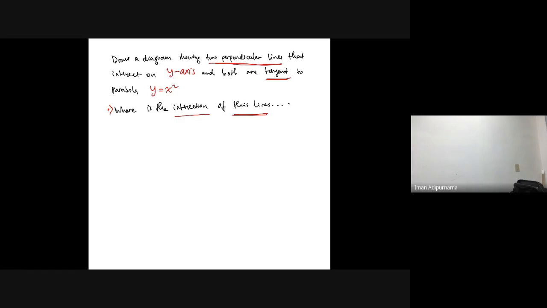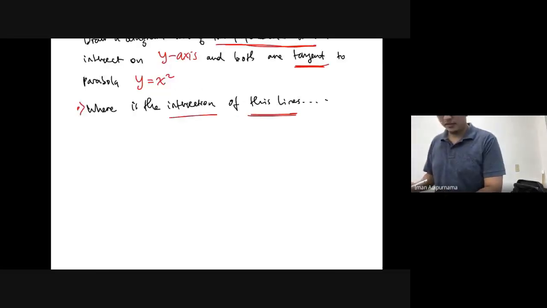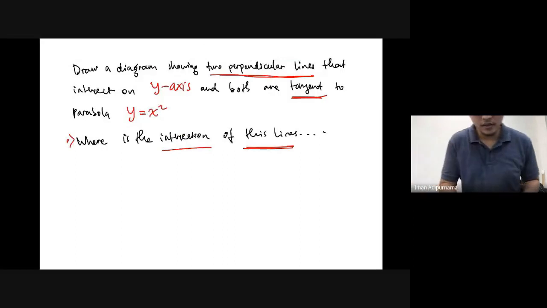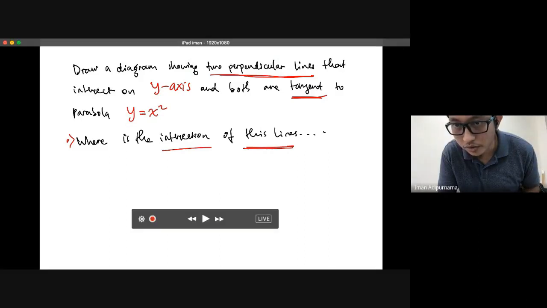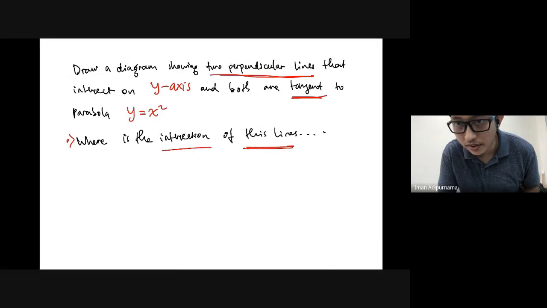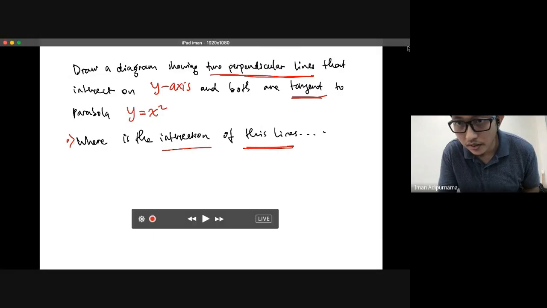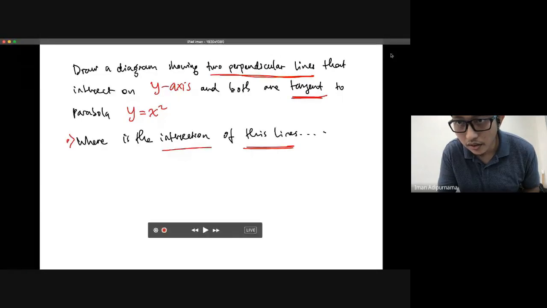Do you think you can solve it, or is it impossible for you? At x equals 0, the tangent slope will be 0, right?